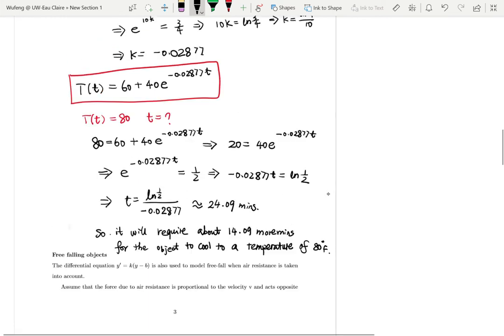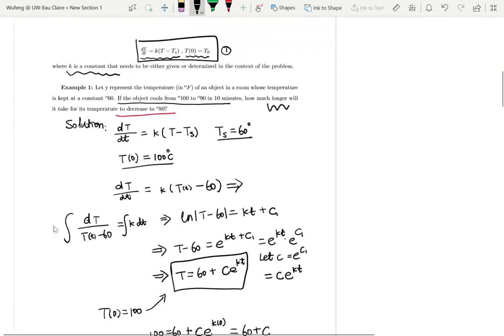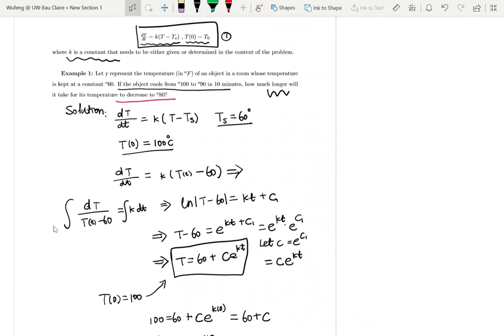Okay, so that is an example of Newton's law of cooling.